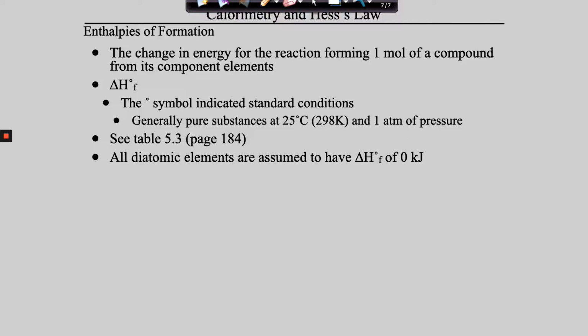The diatomic molecules, of which you know there are 7, are understood to have heats of formation of 0. That means that energy is not given off, nor is energy taken in when iodine, bromine, chlorine, fluorine, oxygen, nitrogen, and hydrogen form diatomic molecules. You're going to find out in a minute, this makes our lives a whole lot easier.